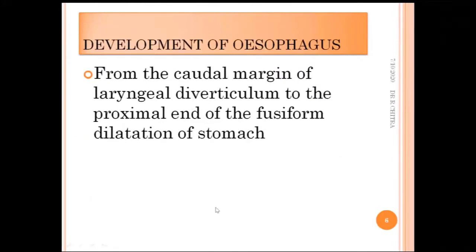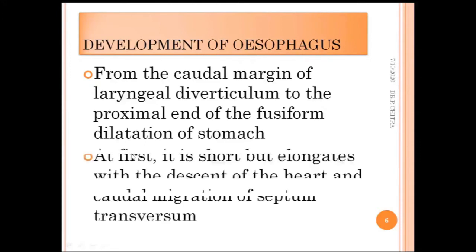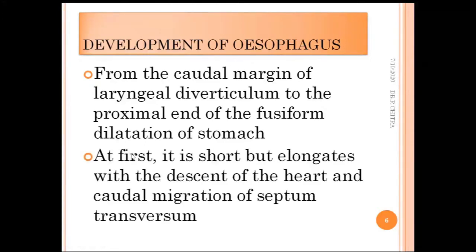Now I will start with the development of the esophagus, from the caudal margin of the laryngeal diverticulum to the proximal end of the fusiform dilatation of the stomach. At first it is short but elongates with the descent of the heart and caudal migration of the septum transversum.